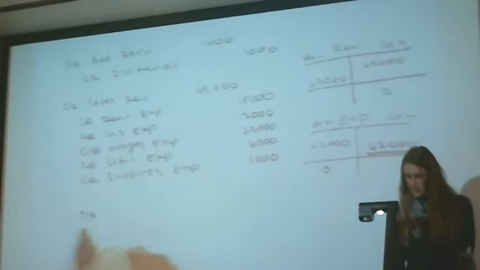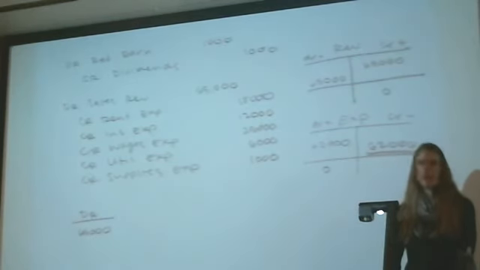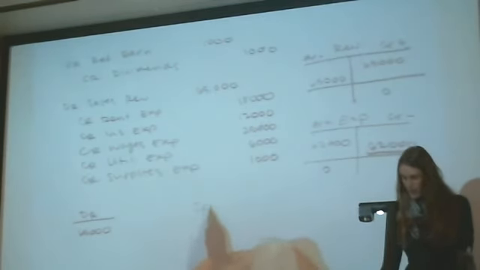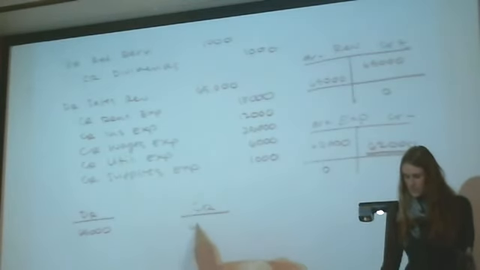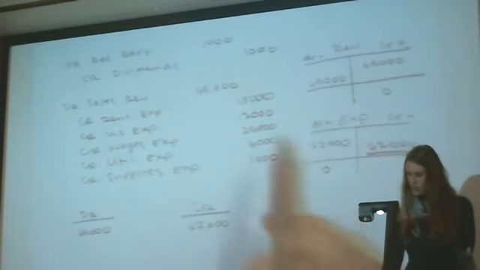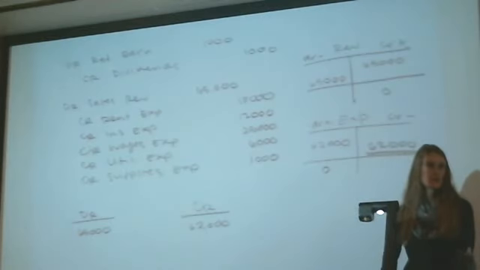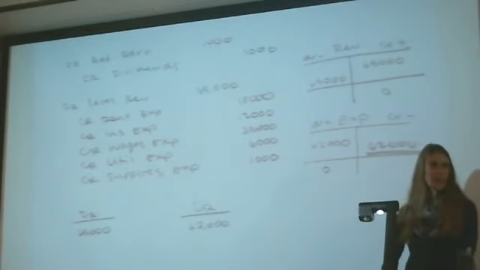So right now we have debits of $65,000. And we have credits of $62,000, which is what all those add up to. You cannot record a journal entry that doesn't have equal debits and credits. So we can't stop here at 65 and 62.